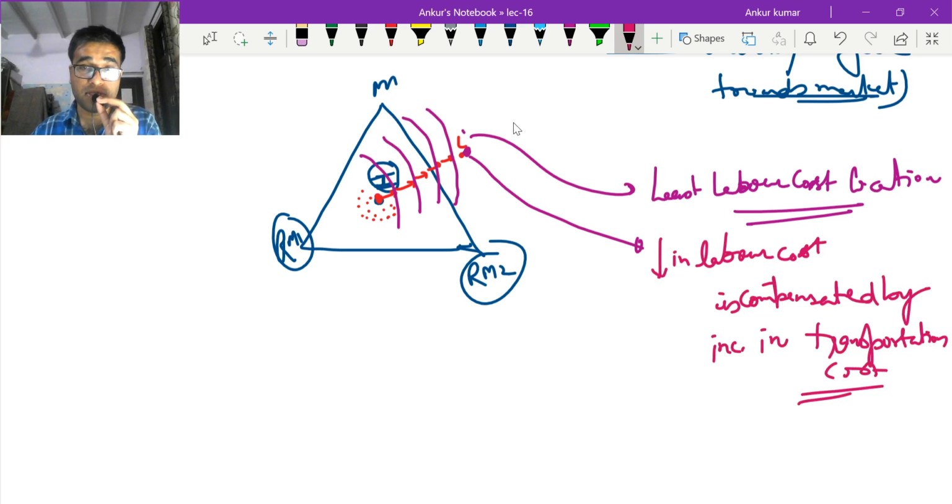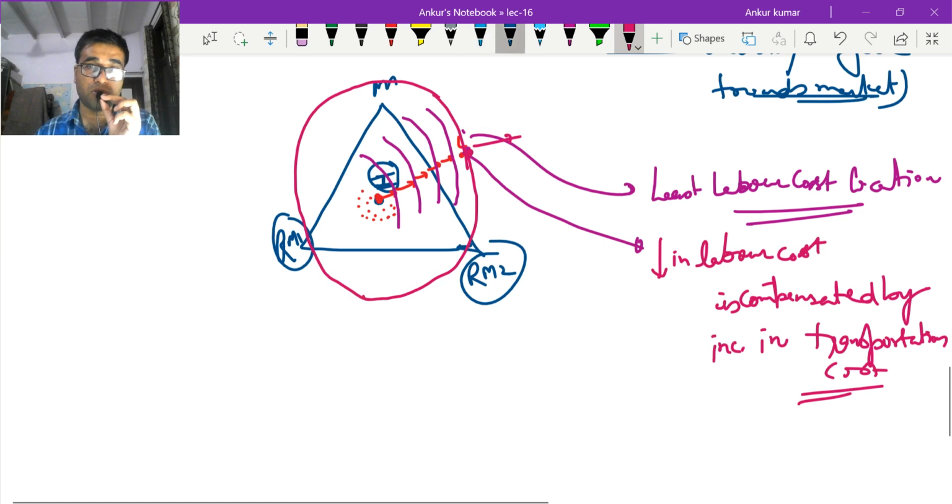This is that point. Now you cannot go beyond this point, because if you go beyond it, even if you have low labor cost, your transportation cost will increase far more than you are saving on the labor cost. The isodapane that you will draw here is called the critical isodapane. So this is the critical isodapane.